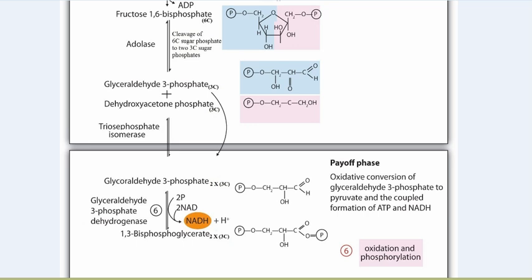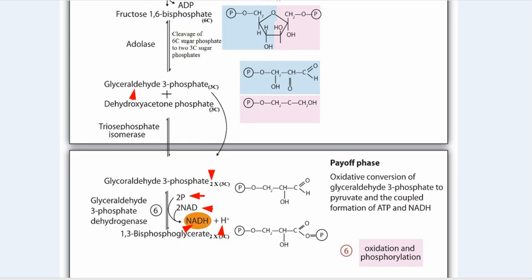In this reaction, 2 molecules of phosphate will come, 2 NAD will come, 2 NAD will be converted into 2 NADH2 and 2H plus will be freed. 2 times we are removing H2. Why 2 times? We have 2 molecules. Why 2 molecules? I taught you many times.